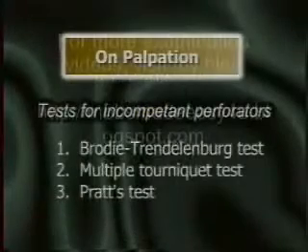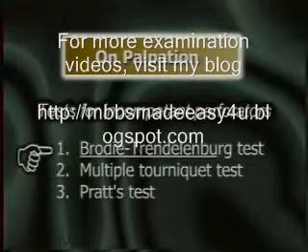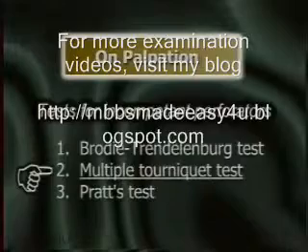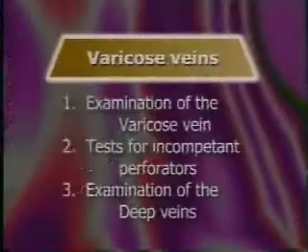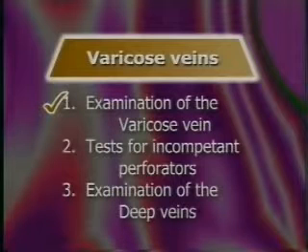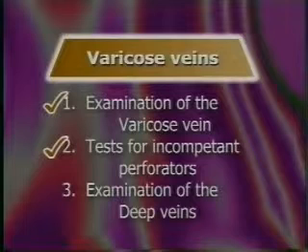Then we performed the special tests for incompetent perforators, that is Brodie-Trendelenburg test, multiple tourniquet test, and the Pratt's test. Thus, we have completed the examination of the varicose veins and the tests for incompetent perforators.